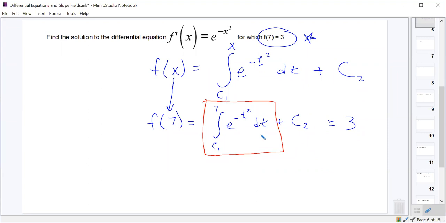Remember all those rules? Yeah, okay. So think back to those rules and think about a value for constant 1 that would make it possible for me to get an actual number out of this integral, even though I don't know what the function is that I would get if I integrated e to the negative t squared.